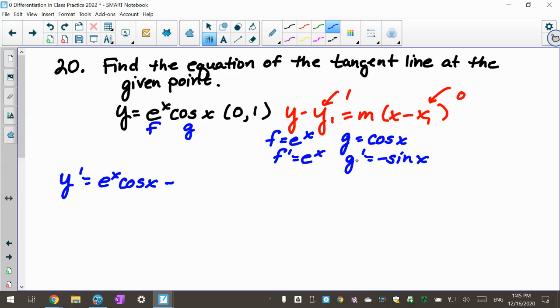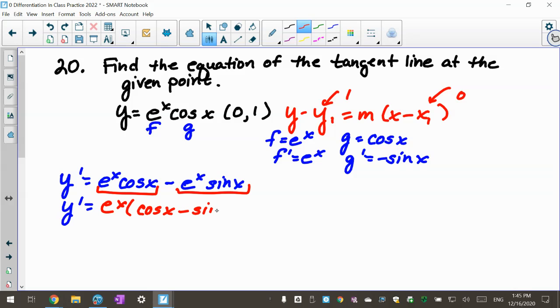So it's plus, and it turns negative because I have a negative sine x: e to the x times sine x. And Mrs. Pond always likes it in factored form, so let's do that. I have a term here and a term here. If I factor out e to the x, I have cosine of x minus sine of x.